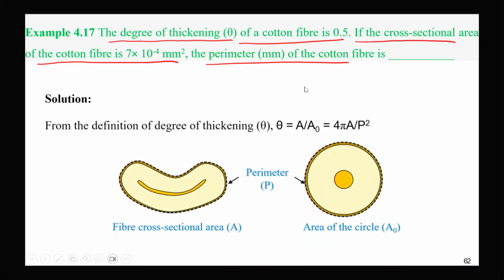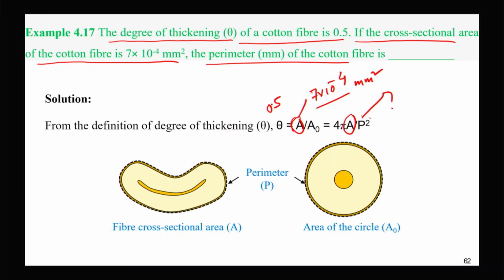Theta is given and the cross sectional area is given, and what we have to calculate is the p value.